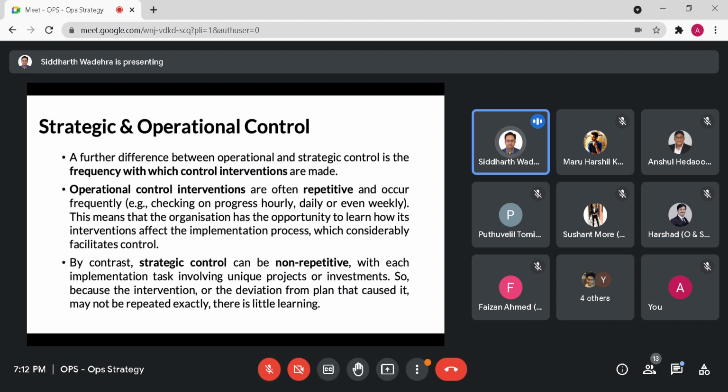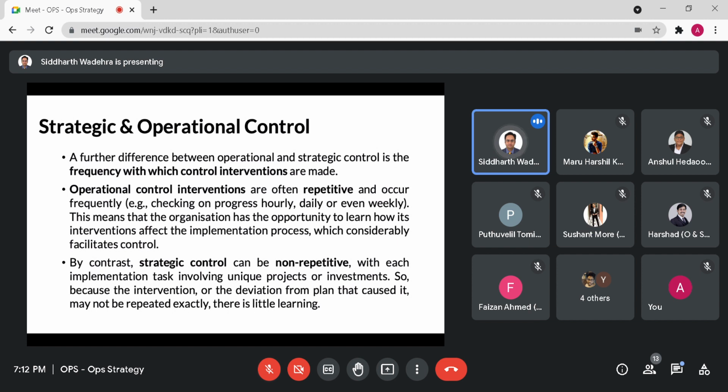Strategic control is really at a much higher level. It's not like every hour or every 7 days you're monitoring or controlling the status of the number of SKUs produced, but you are looking at, at a much more strategic level, your investments in operational resources.